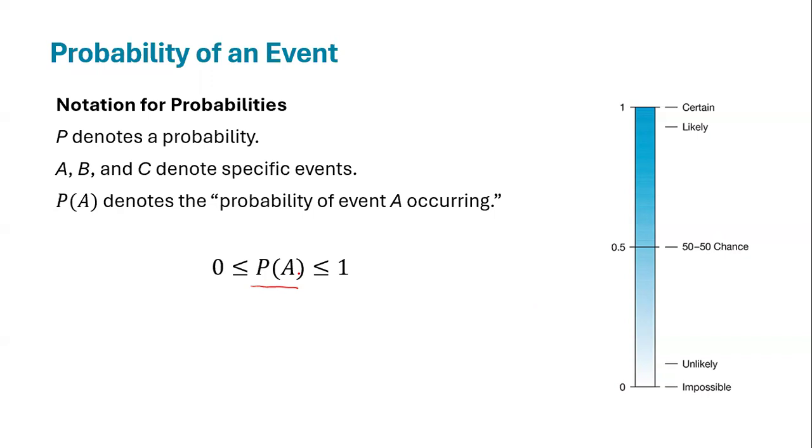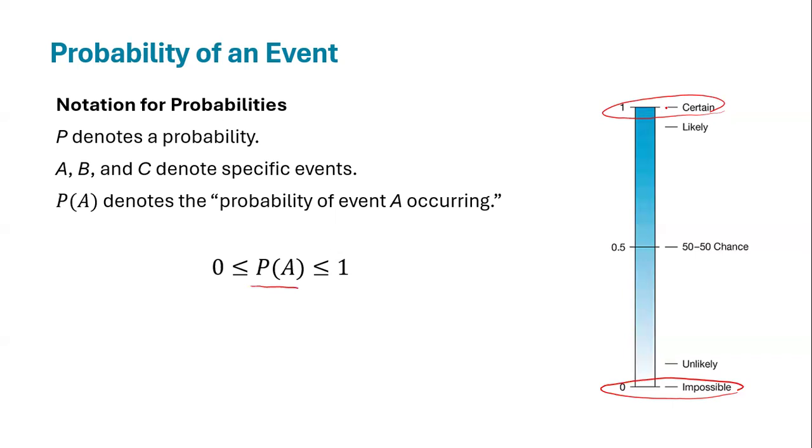When the probability of an event is 0, that event is impossible to occur. When do we have a probability of an event 1? When that event 100% occurs. We may have any number between 0 and 1. And whenever we have 0.5 for the probability of any event, that means there is a 50-50 chance of occurring.